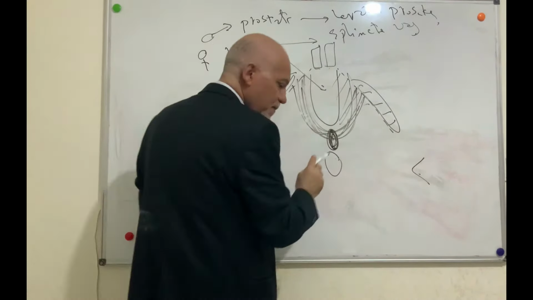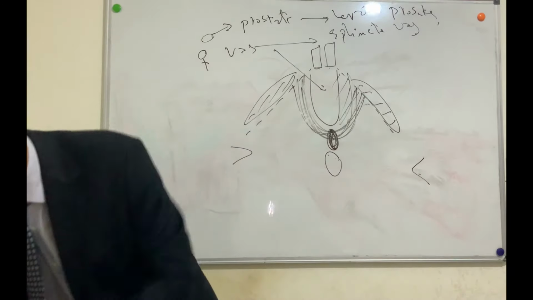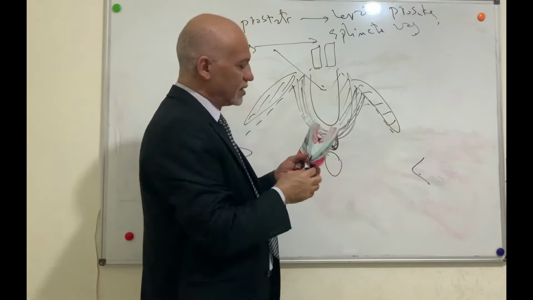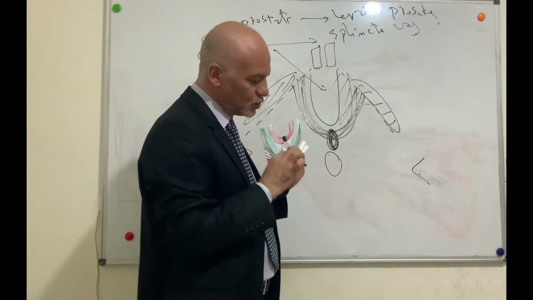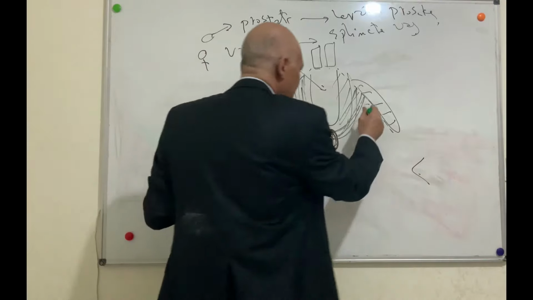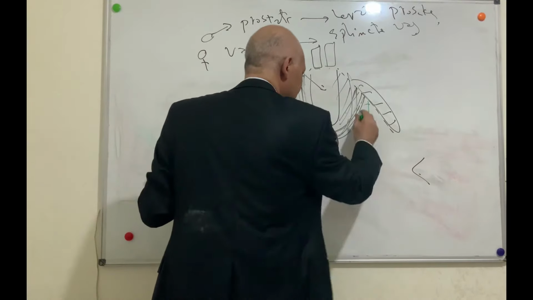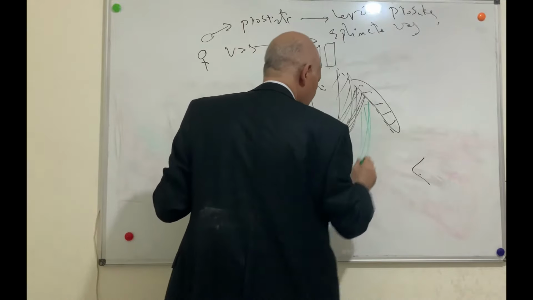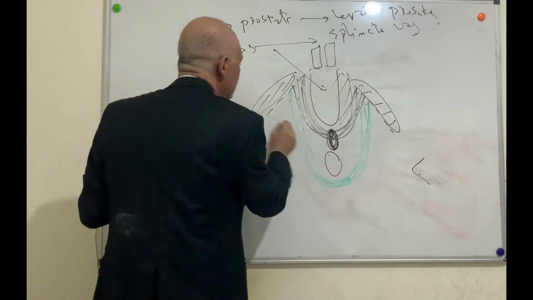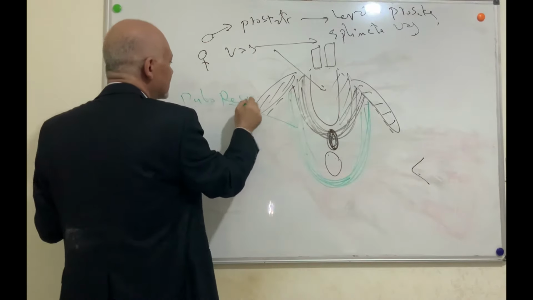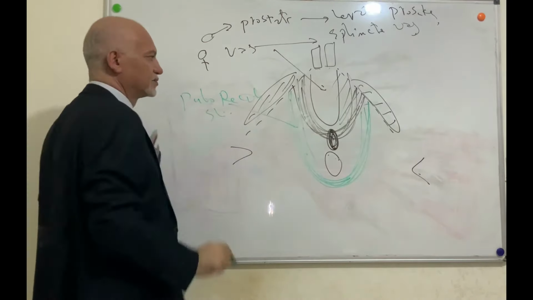This second opening of the levator ani is where the rectum continues as the anal canal. The middle fibers, which surround the rectum as it continues as the anal canal, are called the puborectalis sling.